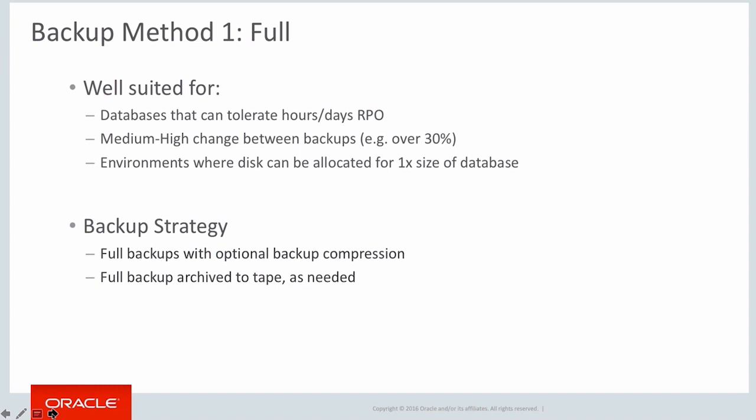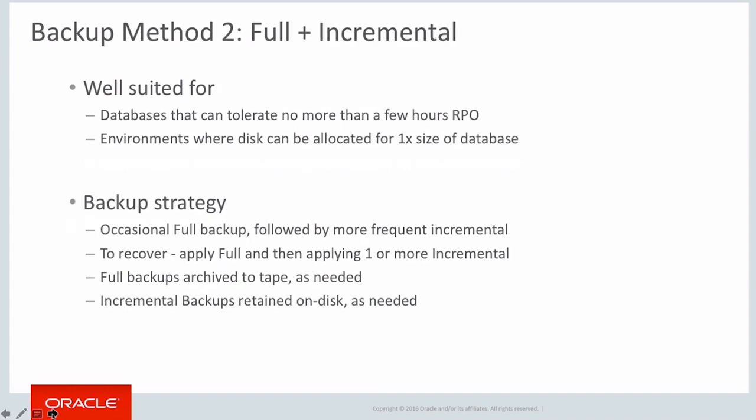That's the first level. Usually that's where people start off, but as the data becomes more valuable, we get to the point where we say, okay, we need to get all the changes in between. So we need to reduce our RPO. We can tolerate less loss, perhaps no more than a few hours. At this point, we do a full backup and then incrementals. Occasionally the full backup is done, typically off hours, late at night or early in the morning.